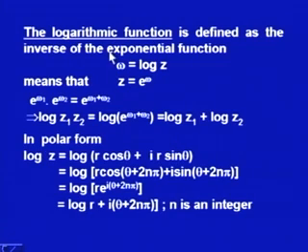We can express this function in polar form. So, log z is equal to log of r cos θ + i r sin θ, and since cos θ and sin θ are periodic functions, I write log of r(cos(θ + 2nπ) + i sin(θ + 2nπ)), and this can be written as log of r e^(i(θ + 2nπ)), or I can rewrite it as log r + i(θ + 2nπ), and n is an integer in this case.